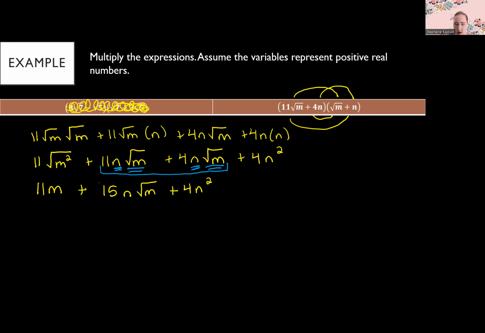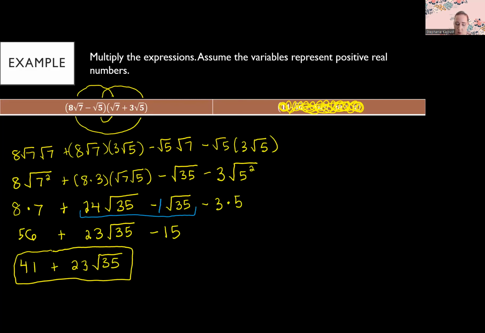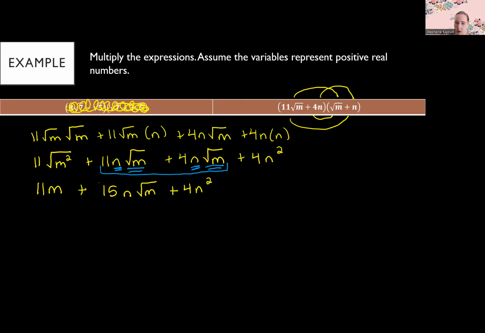So then you go again from the left and you're like, okay, do I have any like terms? Because like here we had numbers that we can add together, 56 and the minus 15. So I was able to combine those further. Here I don't. So I've got an 11m, but I don't have anything with just m by itself. So there's nothing to add that to.